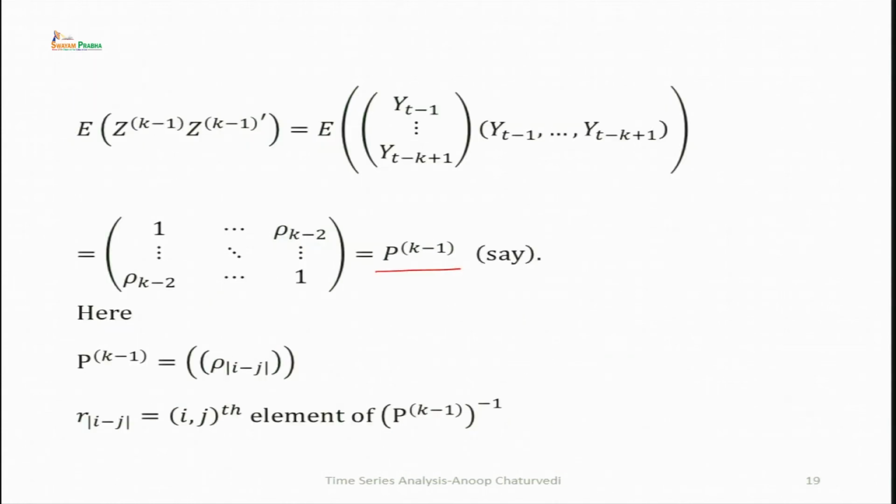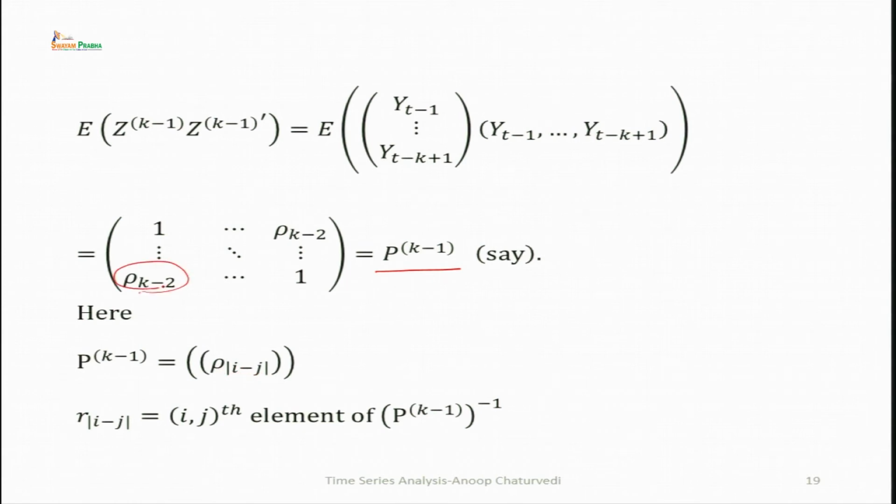You observe that the ij-th element of P_{k-1} is rho of mod i minus j. For instance, if you take i equal to k minus 1 and j equal to 1, then this is equal to rho_{k-2}.